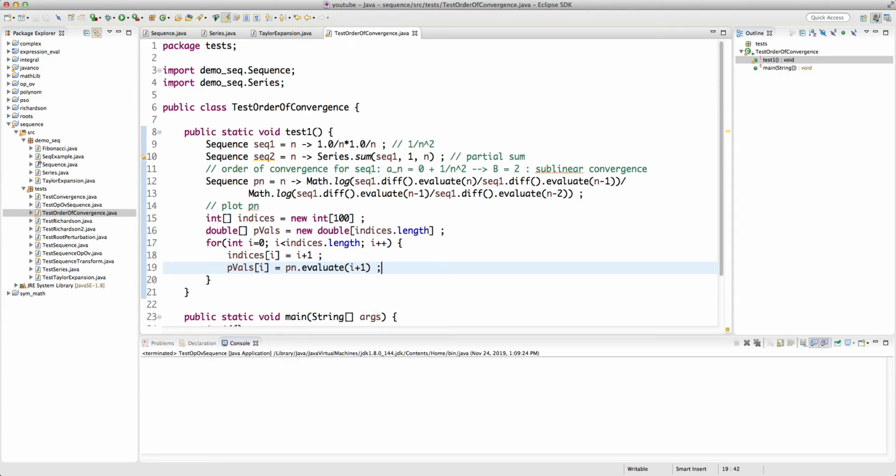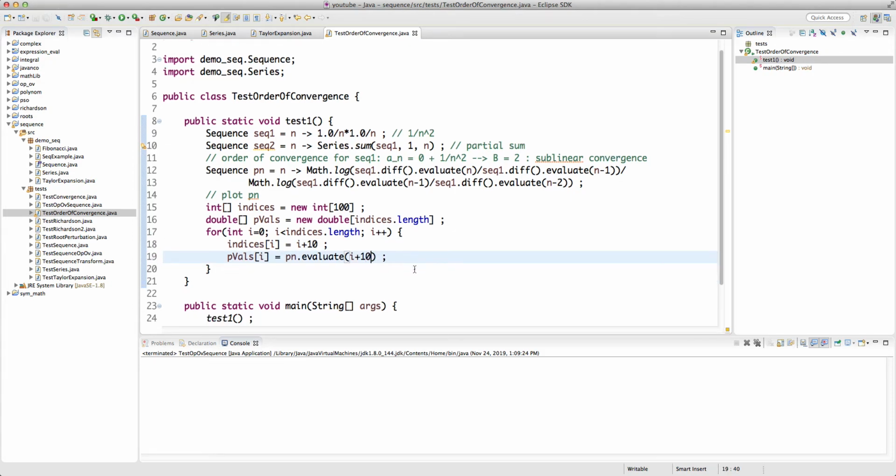Now the problem here is that this goes to infinity, so let's start from 10, for example, and evaluate at 10.